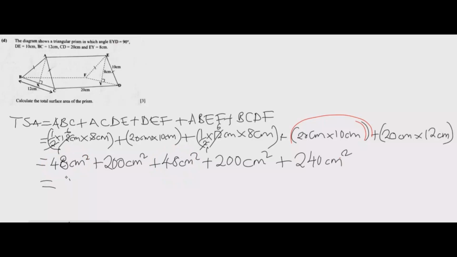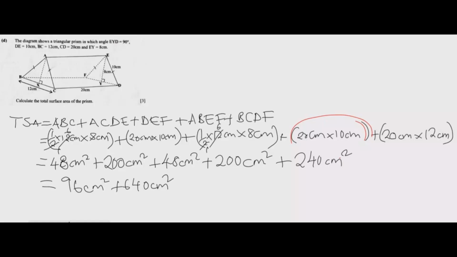Will give us 96 centimeter squared. Then 200 plus 200 will give us 400. 400 plus 240 will give us 640 centimeter squared.